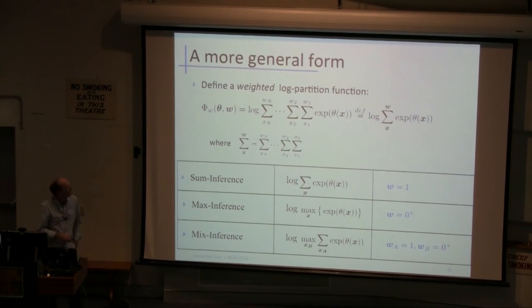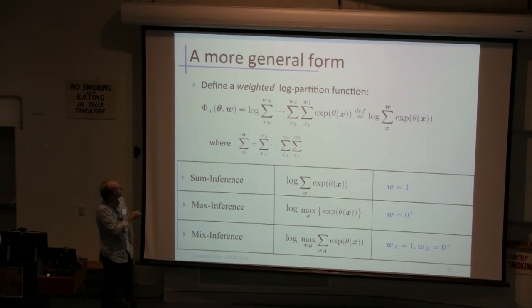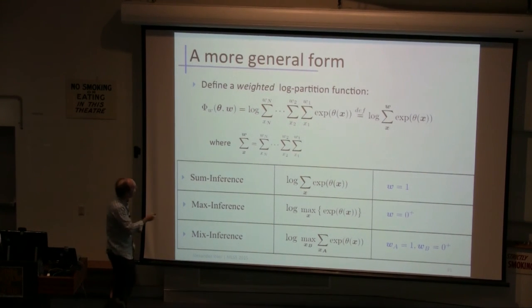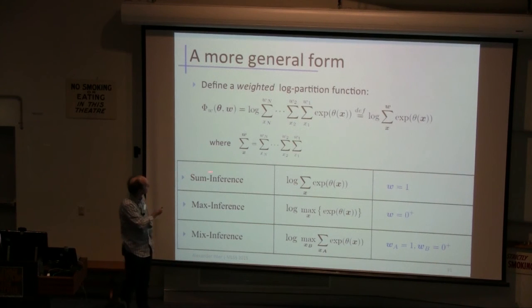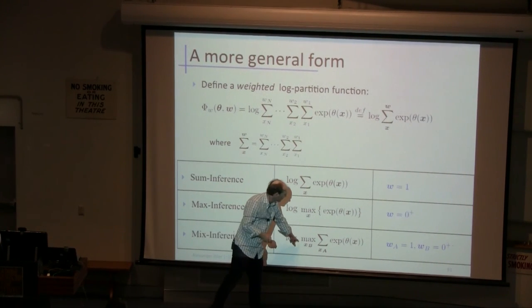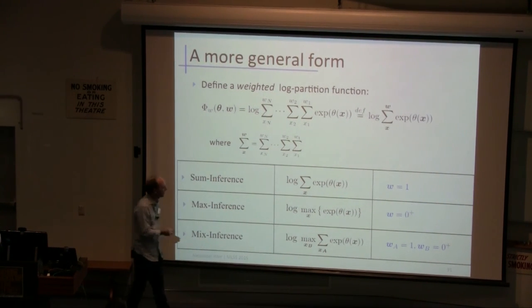And the reason that's useful is now instead of looking at just the partition function using sums, we can actually define a weighted partition function that involves weights for every possible variable. And then we have a general form that can encompass both the partition function, combinatorial optimization, and also these mixed forms that involve things like decision making and policies.